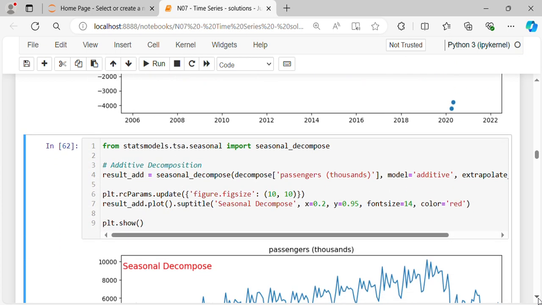From statsmodels.tsa.seasonal, import seasonal_decompose. Let's look at the additive decomposition. Let result_add equals seasonal_decompose of the decompose data frame.